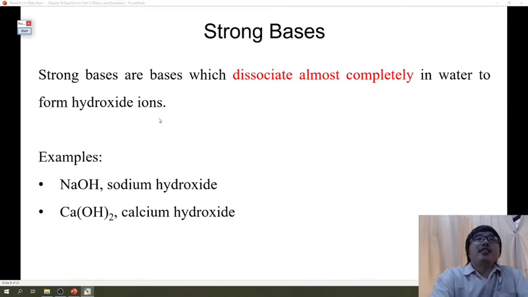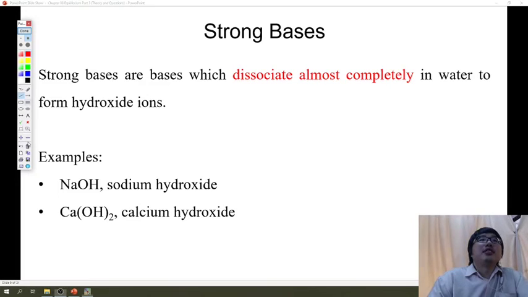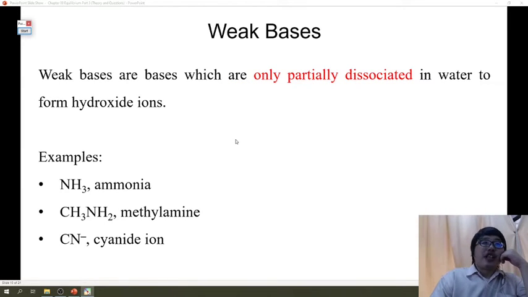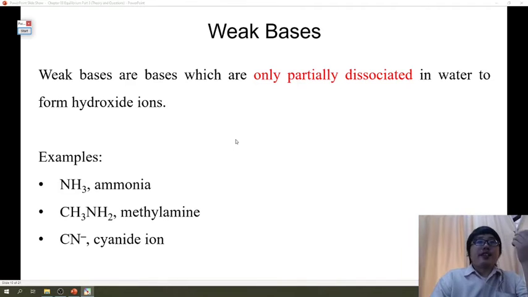Strong bases are bases which dissociate almost completely in water to form hydroxide ions. Sodium hydroxide, calcium hydroxide. Weak bases, on the other hand, only partially dissociate in water to form hydroxide ions.